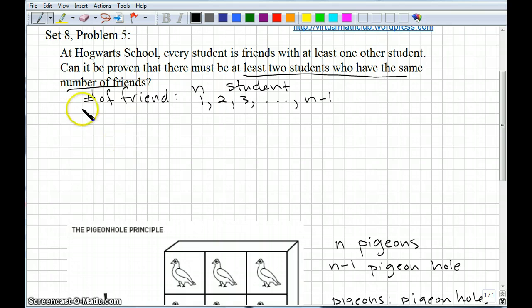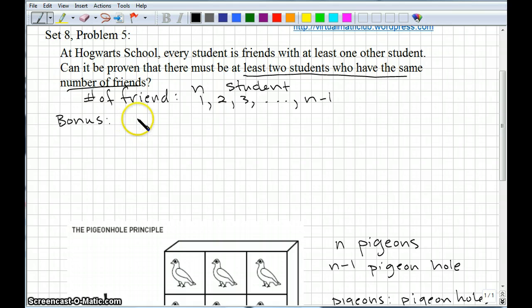Alright, so I also asked you a bonus question. The bonus question was, what if we didn't have this restriction where each student is friends with at least one other student? Let's say for example that a student could have 0 friends.